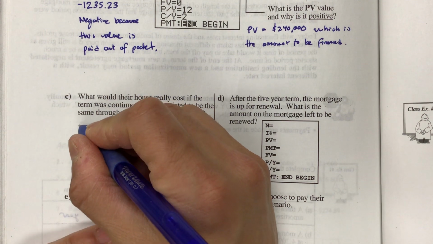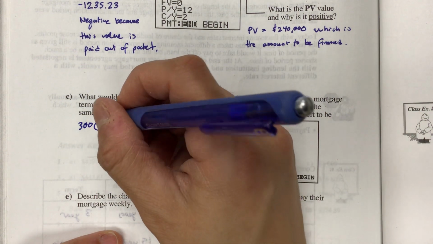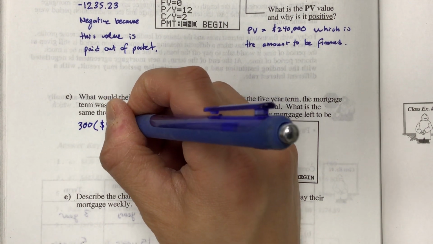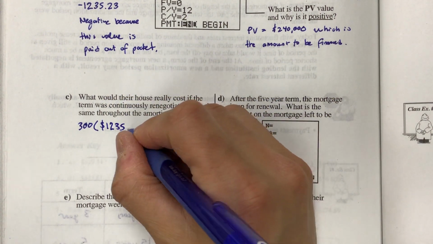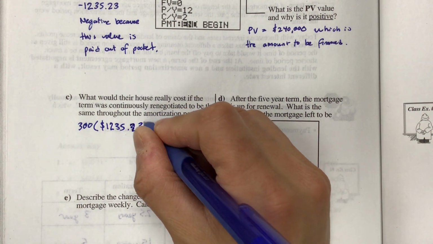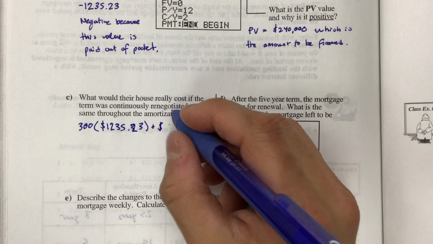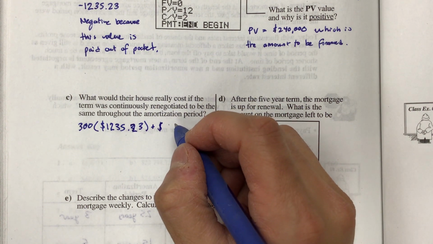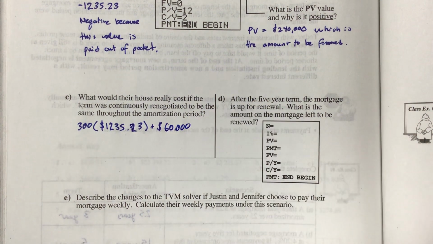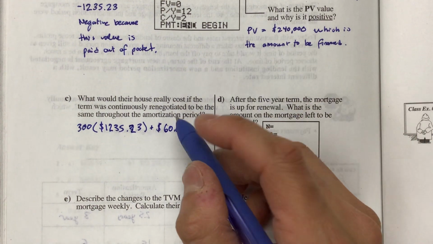If it was the same, my value of N is 300 terms of payment times $1,235.23 plus 60,000. Remember, this is the down payment that they had.